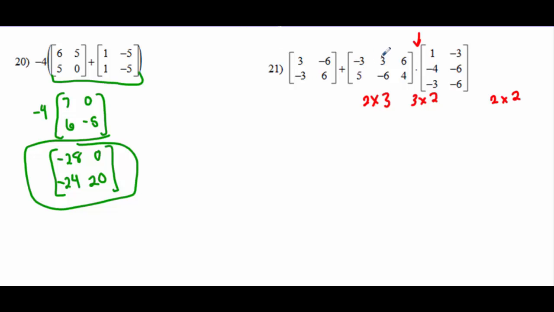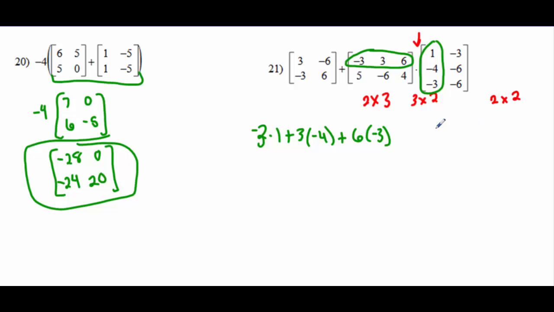which is multiplying. You don't have to write everything down that I did the first time we did it. If you can do it in your calculator or in your head, but we want to do -3 times 1 plus the middles, so 3 and -4, plus the last, so 6 and -3. That's going to be our top left entry.